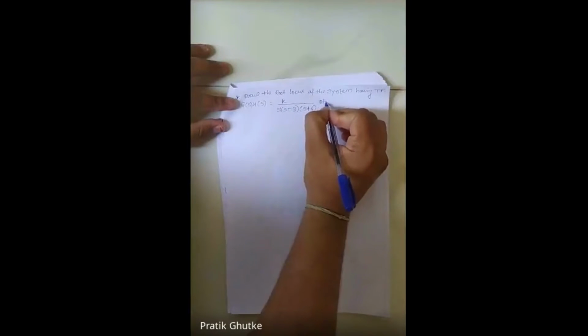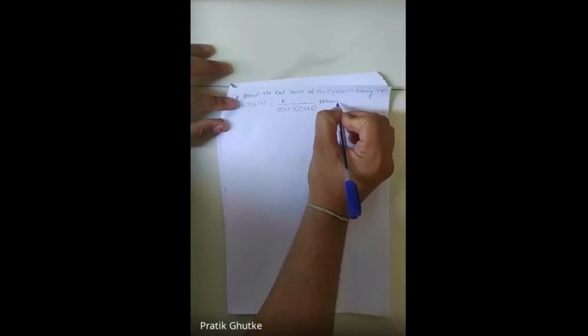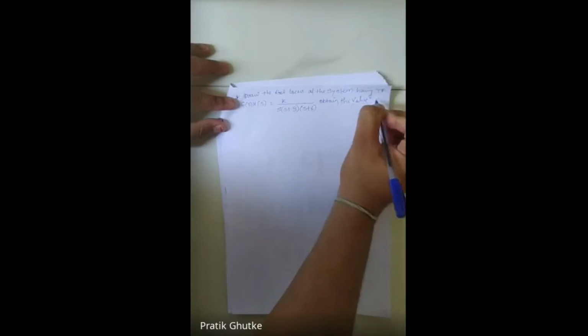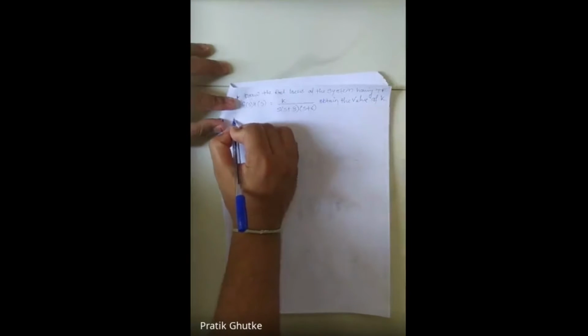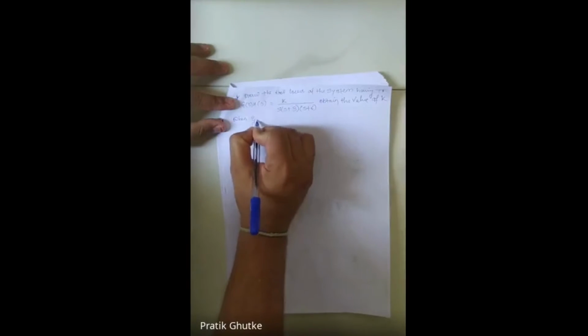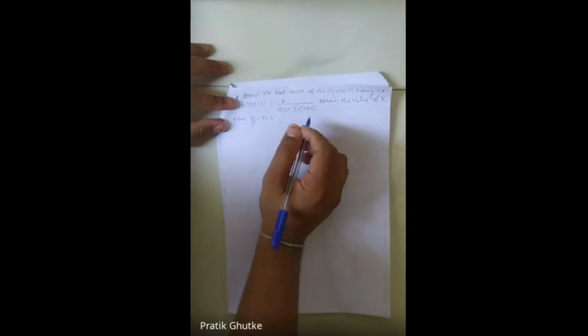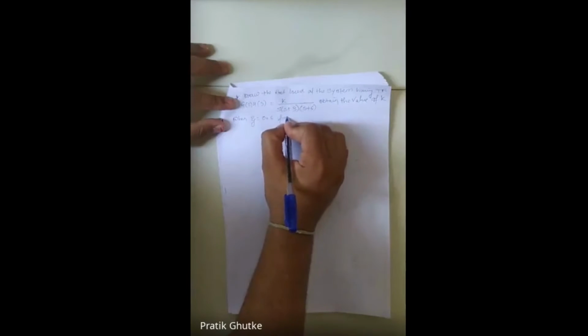Obtain the value of K when zeta equals 0.6 from the root locus.